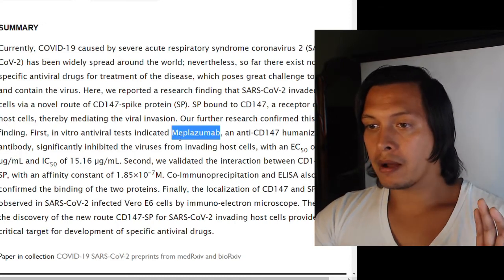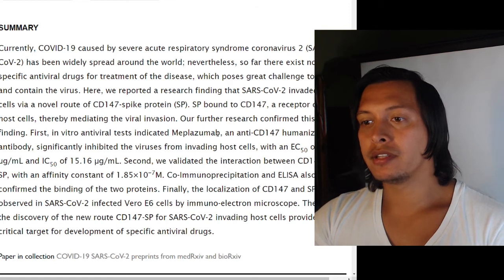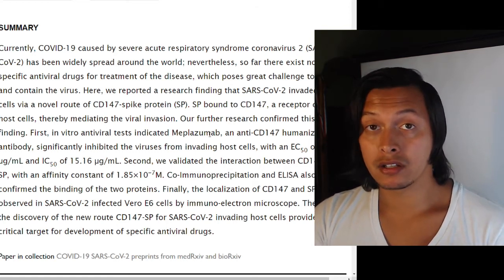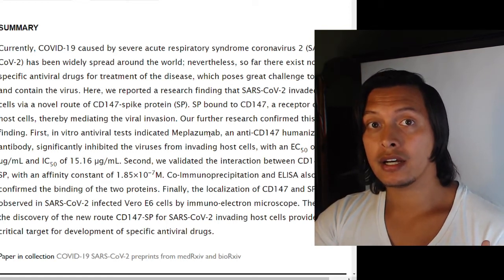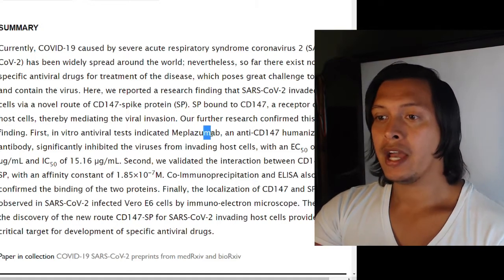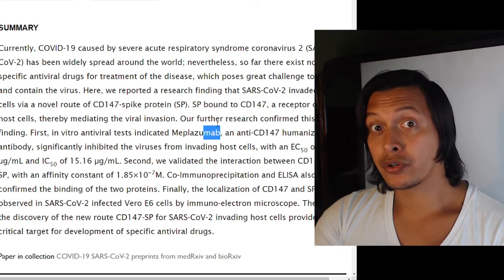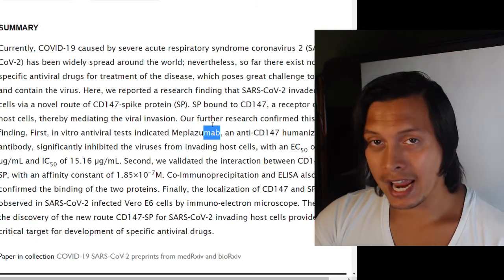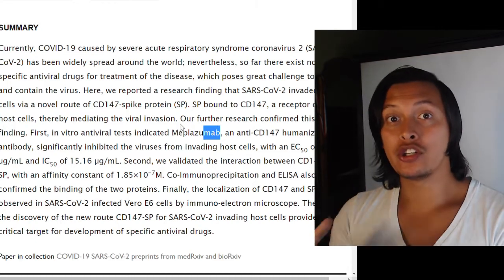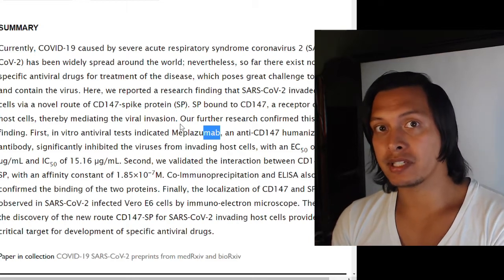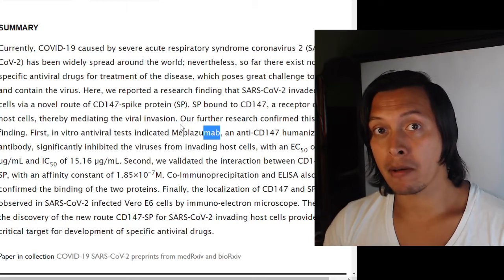So meplazumab, this is an antibody or monoclonal antibody. So any pharmaceutical that ends in mab would be a monoclonal antibody, which is just an antibody that is used to bind to specific things to elicit some type of response.